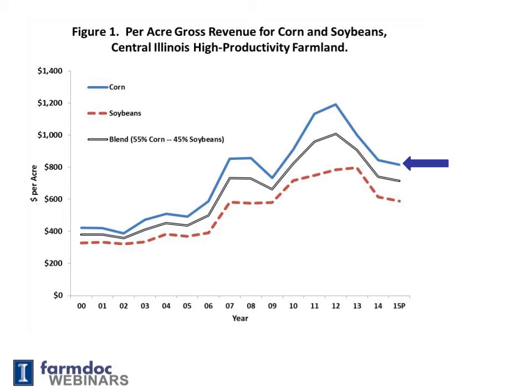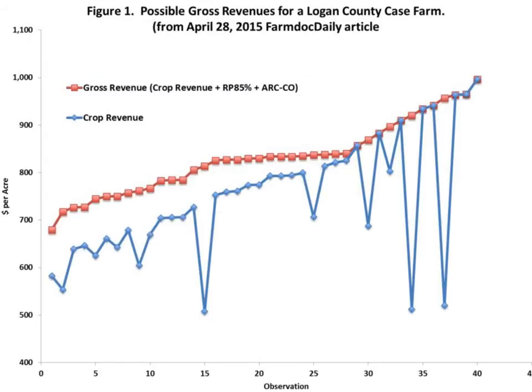Prices and yields are not known at this point, and various values of those can result in different gross revenues. We looked at different gross revenues that were possible, and those were published in an earlier farmdoc daily article.